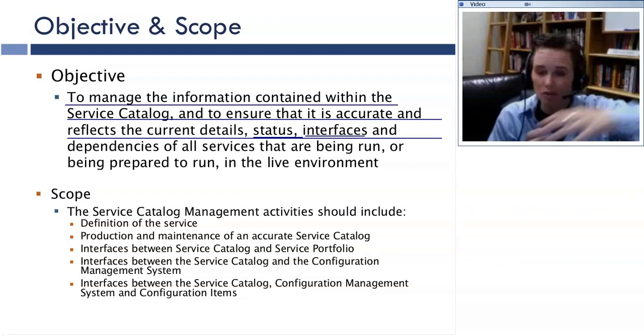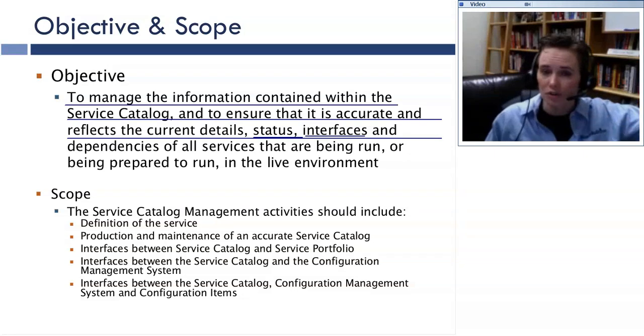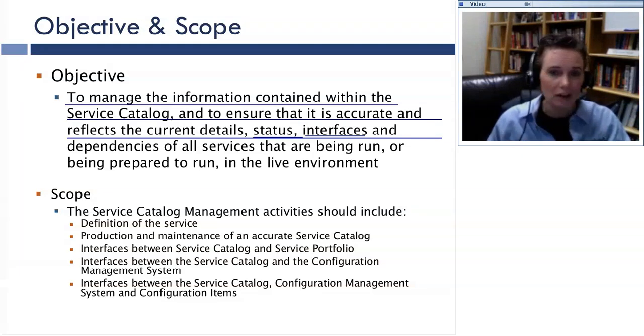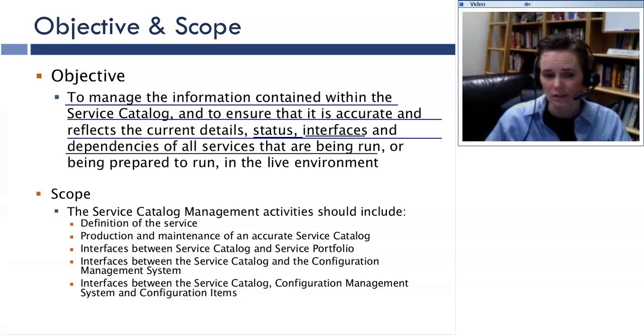Those interfaces are also what we're capturing and maintaining within the catalog. We need those dependencies to be mapped so that we can understand the effect of modifying one and how it will impact all the services that we provide to the organization.